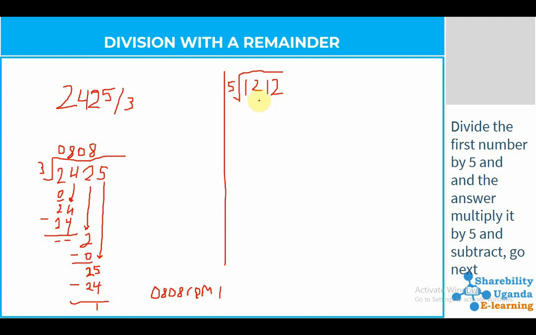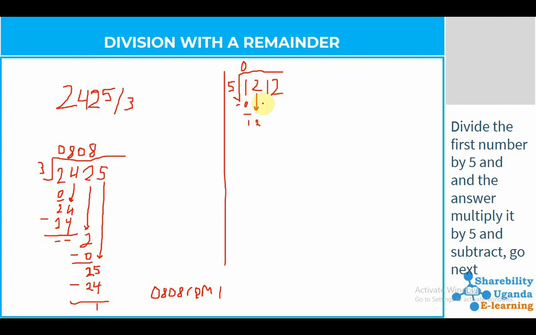So we say 1 divided by this, we get a 0. A 0 times 5, we get 0. When we subtract this, we get a 1. We bring that 2 down here, it becomes 12.